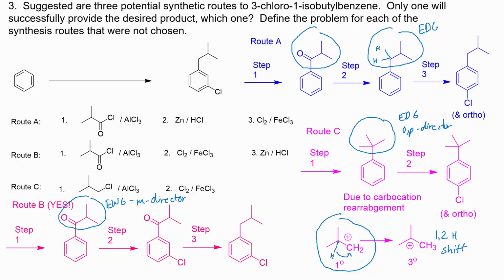And thus you would put chlorine ortho or para, which is in the wrong place in the problem's directions, and you don't even put the right alkyl group on there anyway. But we don't really even need to consider step 2 if step 1 totally fails. Okay, all right.